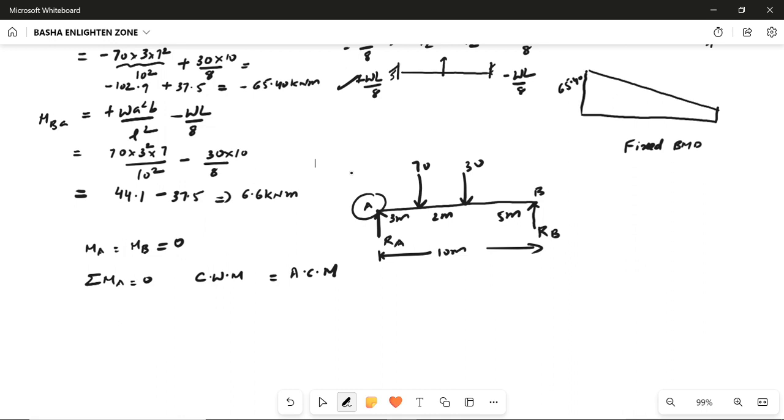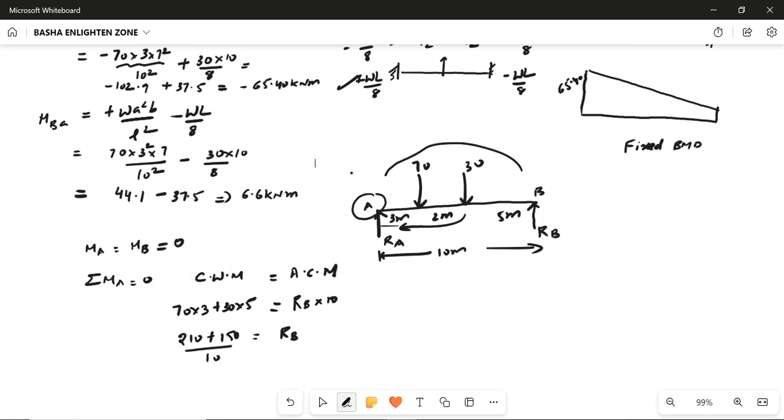This one, 70 into 3, and again this one, 30 into 2, 30 into 5. Anti-clockwise moments, this one RB into 10. So 210 plus 150 equal to RB into 10.